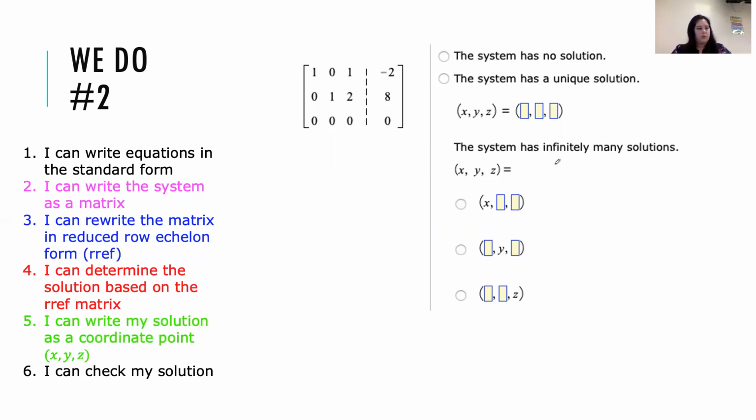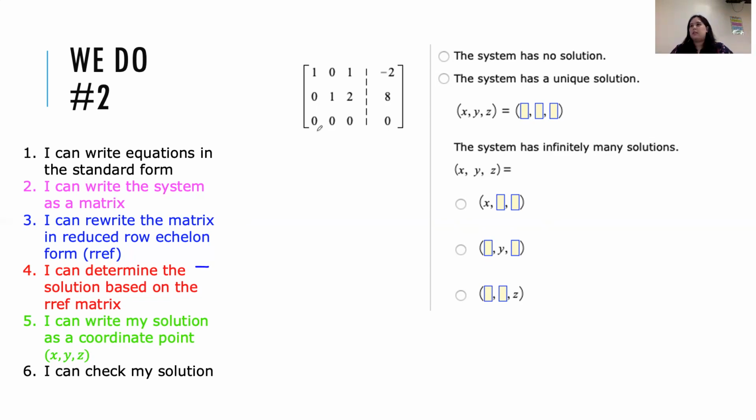That's what's throwing me off right here. We're basically starting off at step 4. I can determine the solution based on what I have. That last column is going to tell me a lot of information.